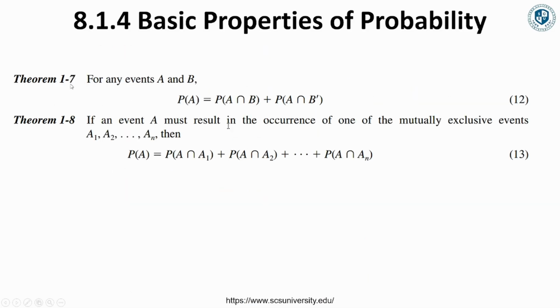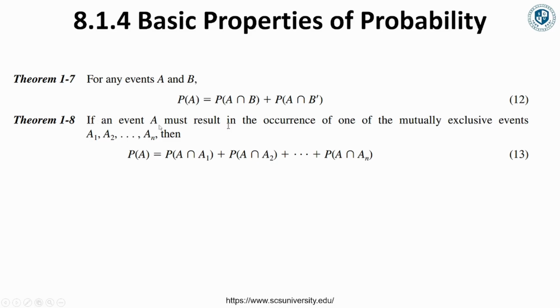Theorem 1.7. For any events A and B, probability of A equals probability of A intersection with B plus probability of A intersection with B'. Theorem 1.8.